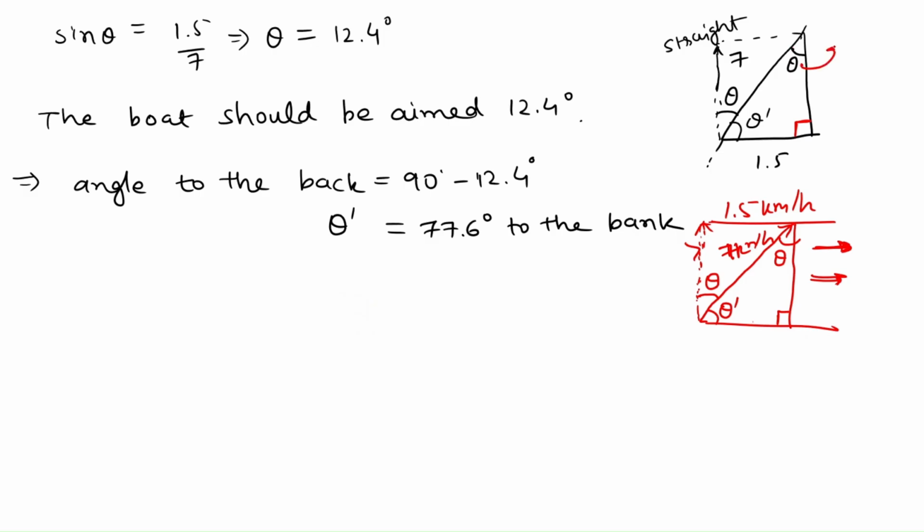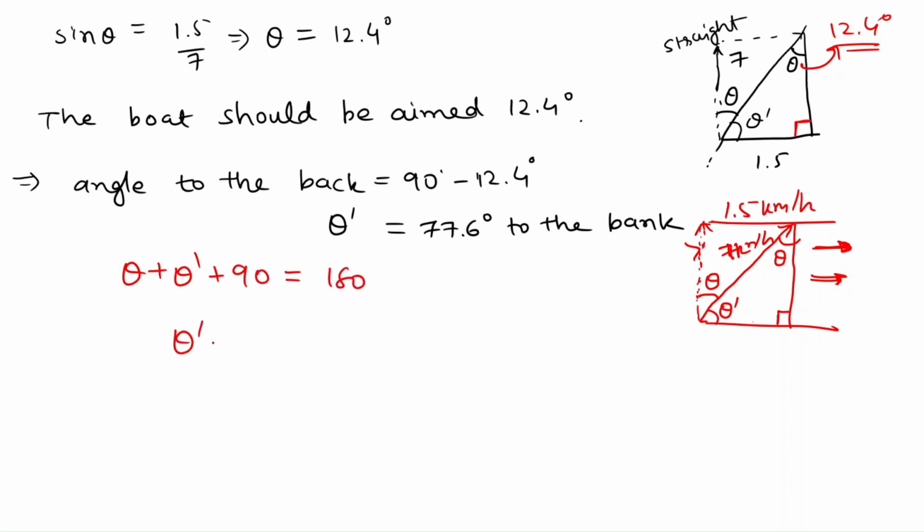So once we get theta, which is 12.4 degree, we know the addition of these three, theta plus theta prime plus 90, equals 180.